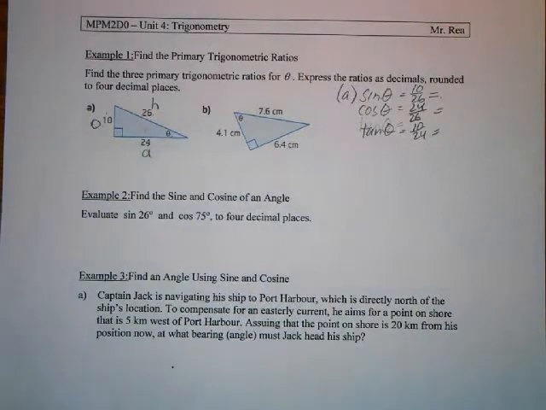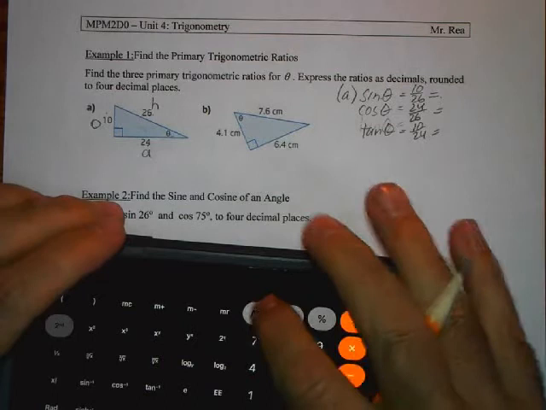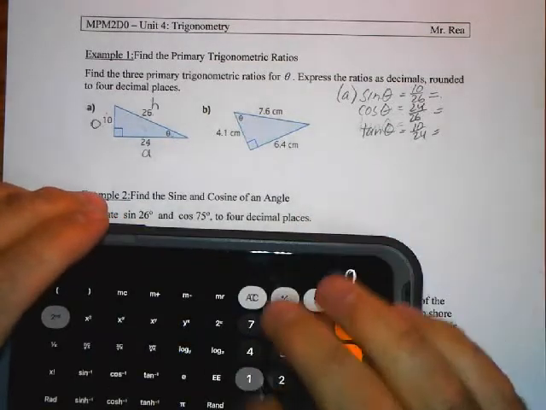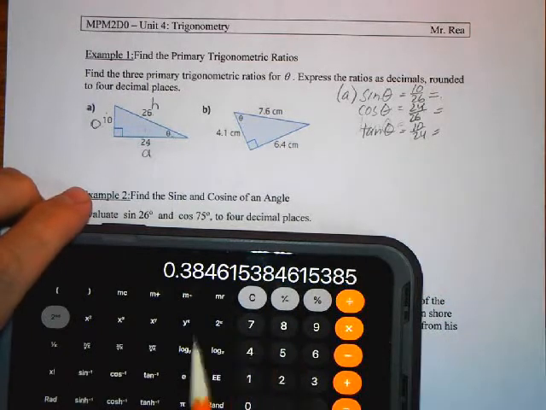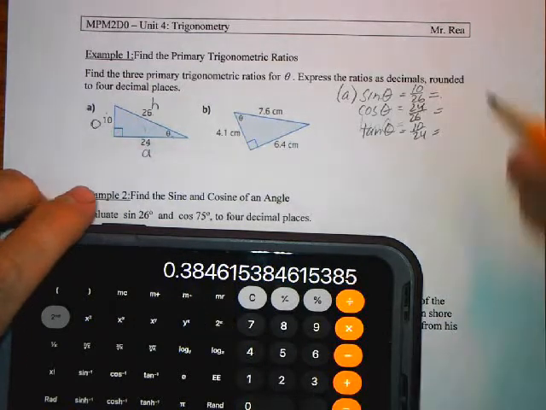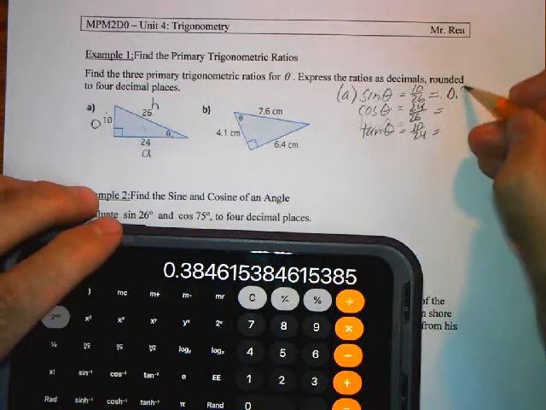Okay, so now what we do is just use our calculator. 10 over 26. For rounding, we want 4 decimals, so up to the 6. We look at the next decimal. Does it go up or stay? It stays. So 0.3846.